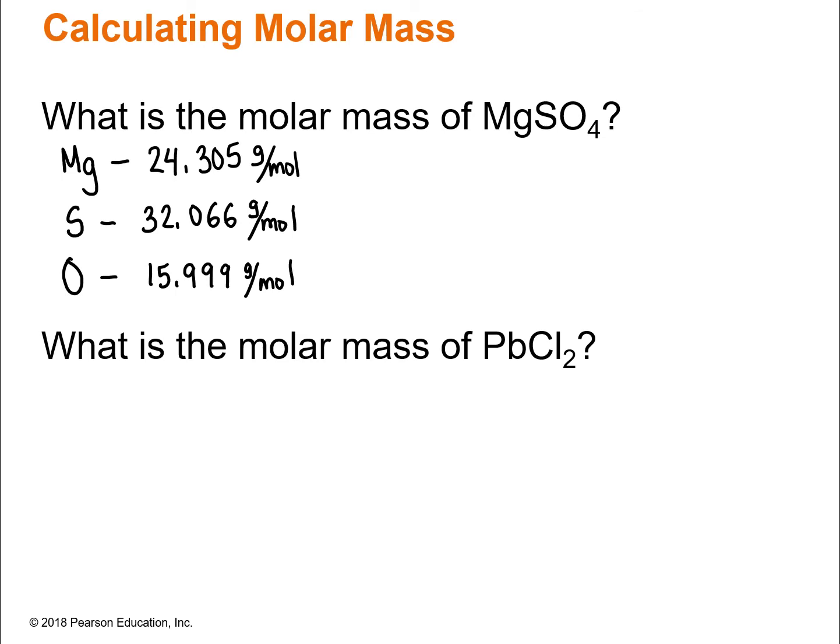So, for these, you typically do not round. So I wouldn't say that, oh, you can just round magnesium to 24. But oxygen is 15.999. It's okay to use 16 for that. The difference in the answer is going to be minuscule. Everything else, though, make sure that you use exactly what it says on the periodic table.